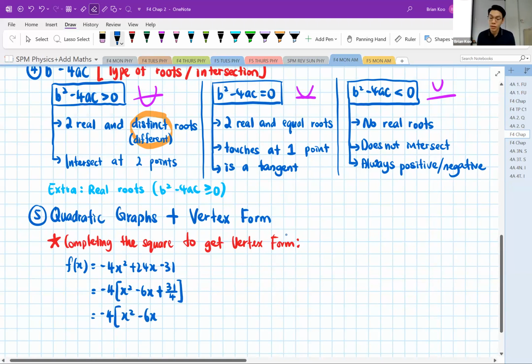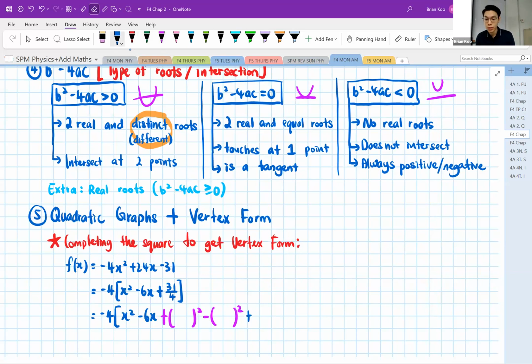Okay, that wasn't completing the square. I had to do that to be able to do completing the square. I had to do that so that I can do this next step, or else you can't complete the square.